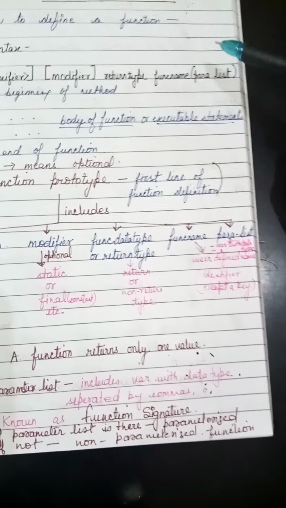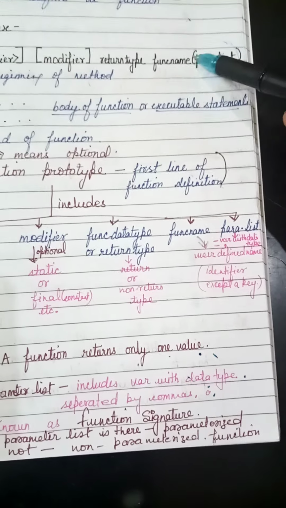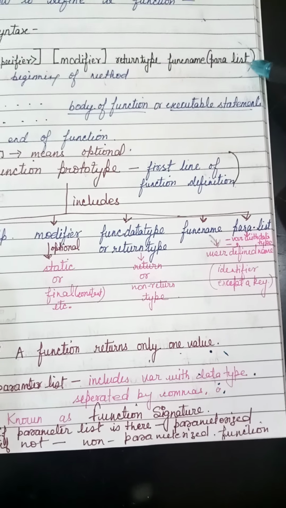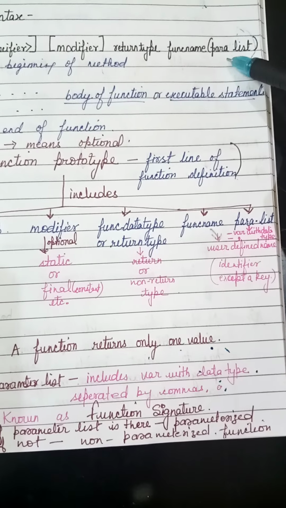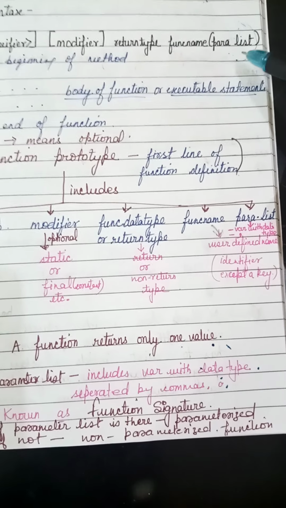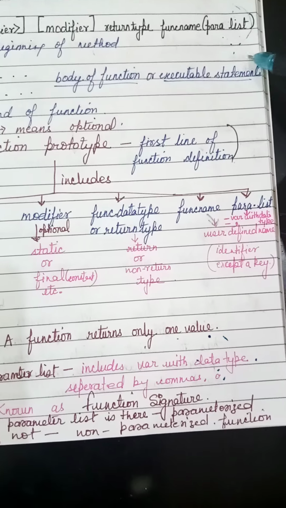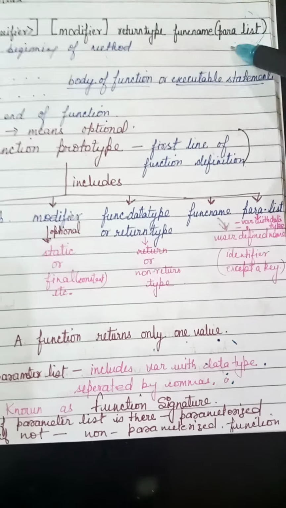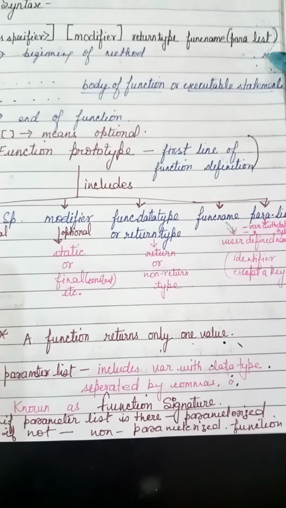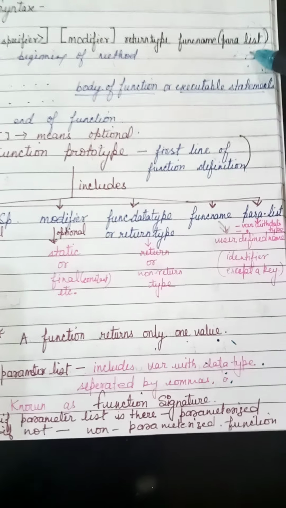What it includes? Variable and their data type separated by comma. This much part within parentheses, this is known as function signature.